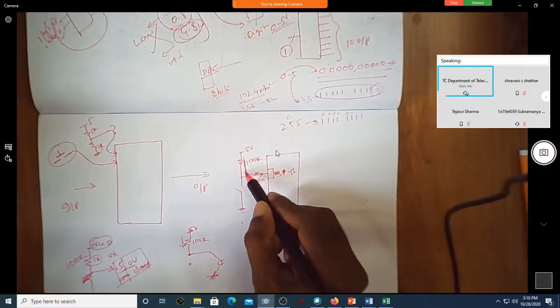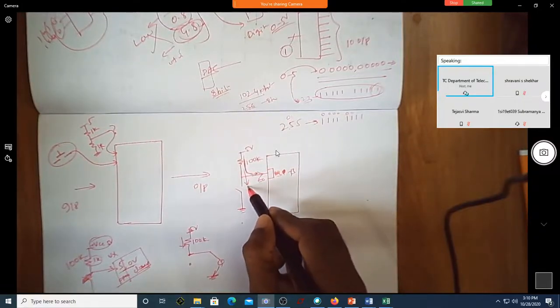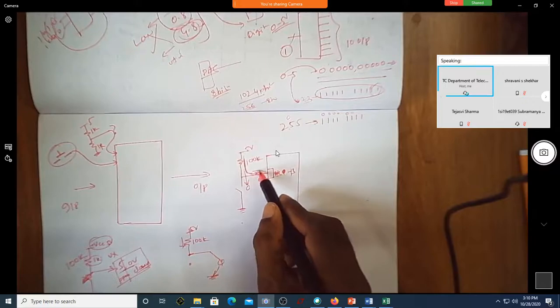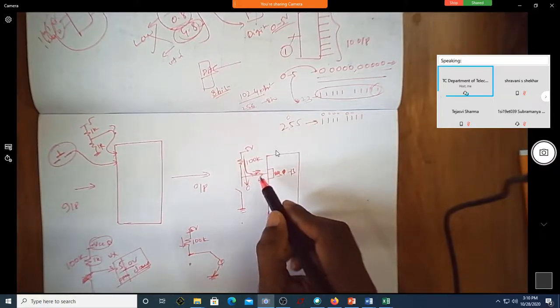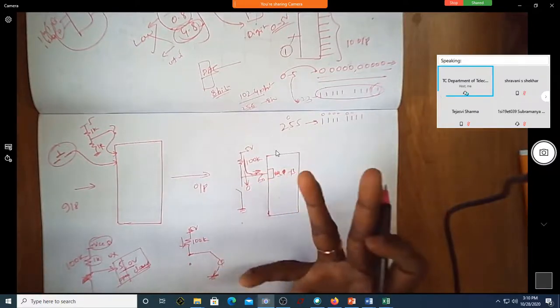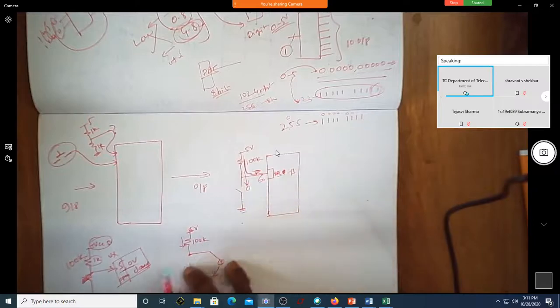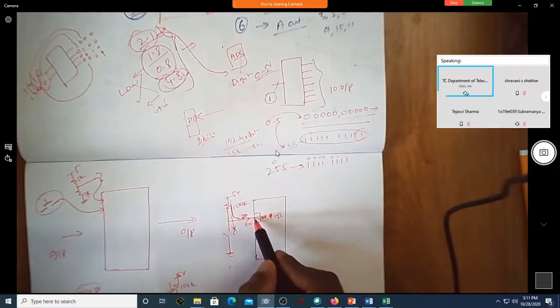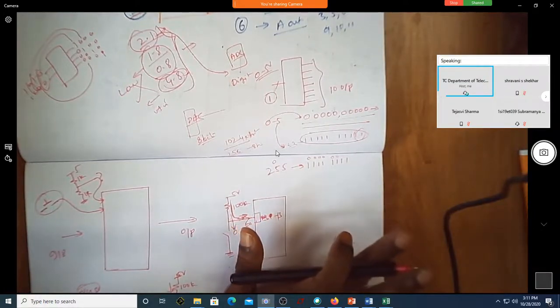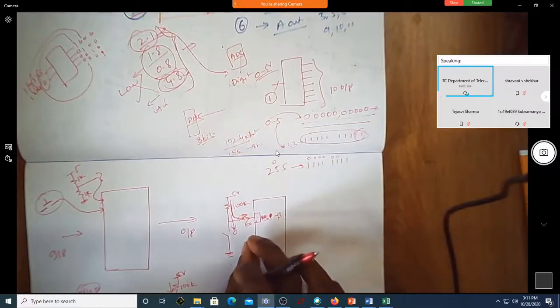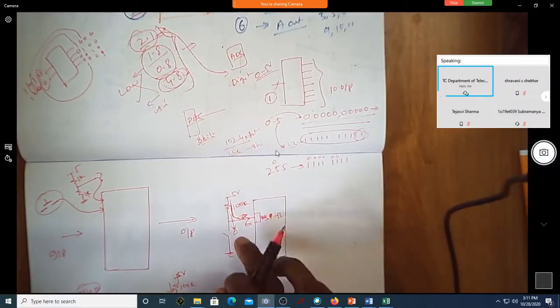This is one path, the other path is this. This path is open and this path is not taking any current. This port offers very high resistance, so current is almost 0. All the ports offer very high resistance, they won't take current.